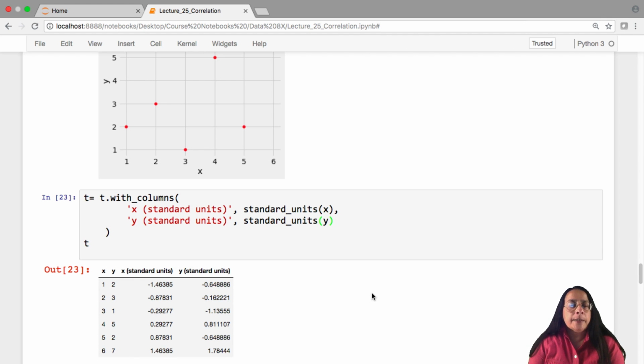Here is where the main move comes in. What we're going to do to calculate r is multiply the corresponding standard units. Let's just do that first, and then we will see why that is a good move to make. So we are going to augment this table by another column that contains the product of these two columns of standard units.